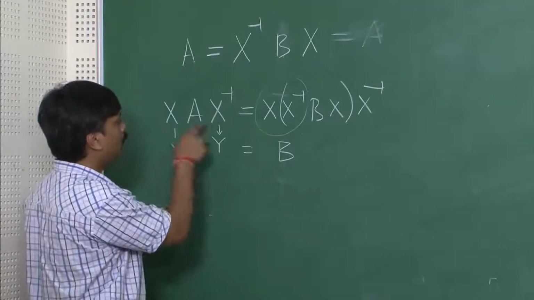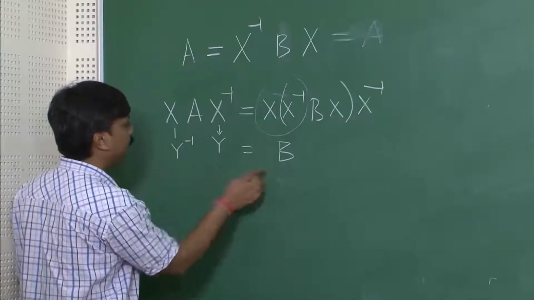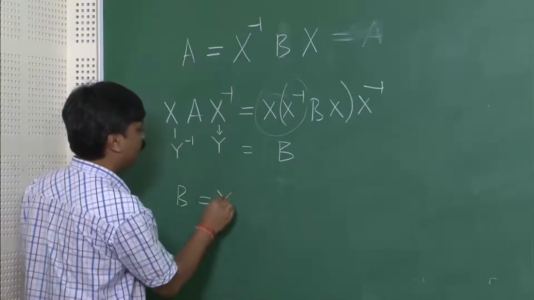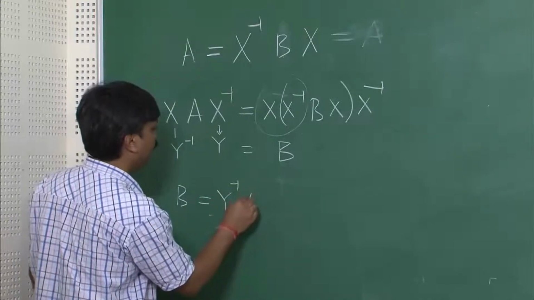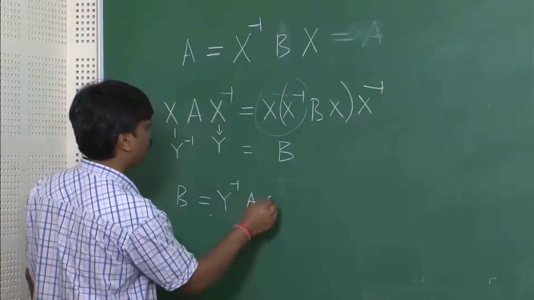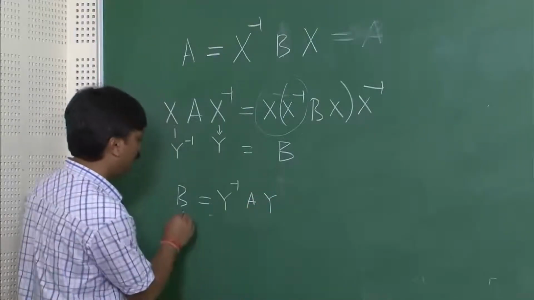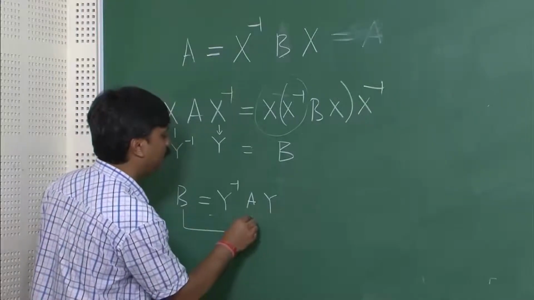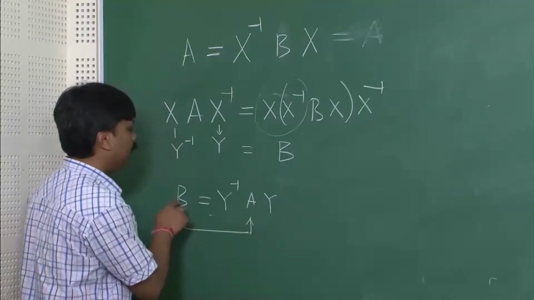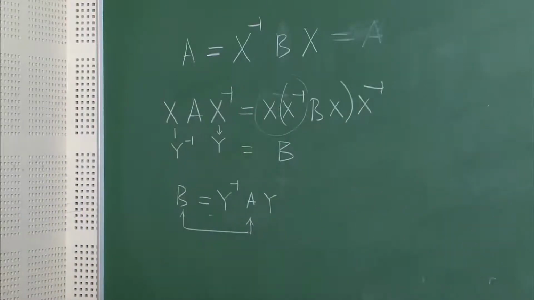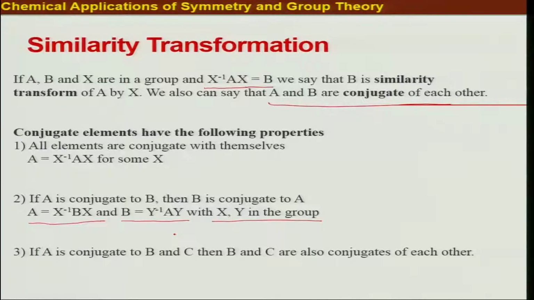So then what I can write for this part is B equals y inverse A y. Okay. So according to the law of similarity transformation, B and A are conjugate again. So we have seen that if A is conjugate to B, then B is also conjugate to A.